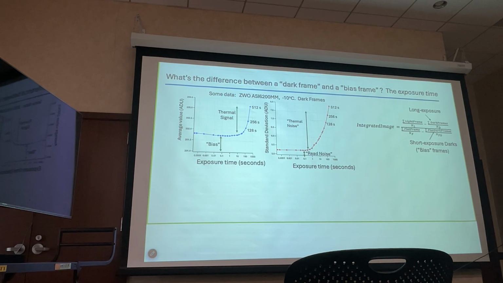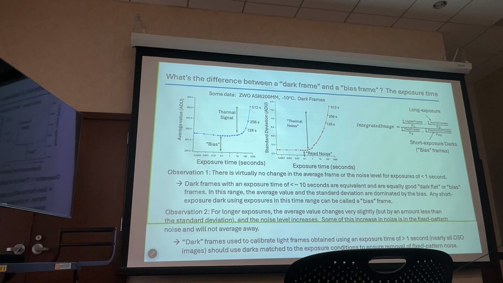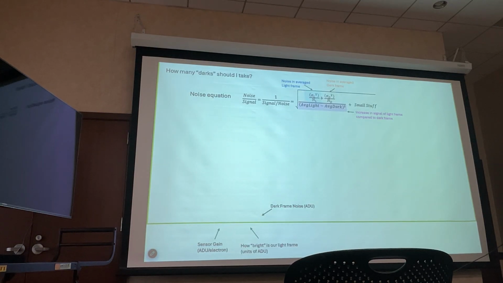So in that numerator, when we're subtracting our darks from our lights, we do need to be careful to match the exposure conditions, because all of these properties of the noise and the average value are somewhat dependent on the temperature and the other conditions. But for the flats, it really doesn't matter. Okay, so that's the take-home message there.